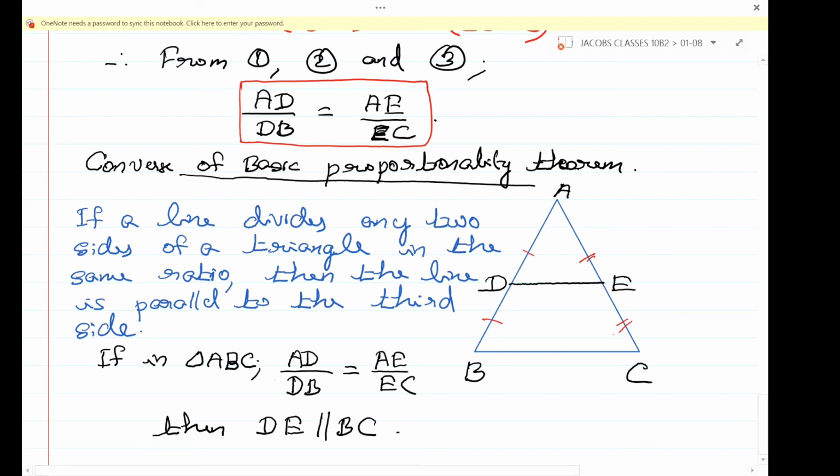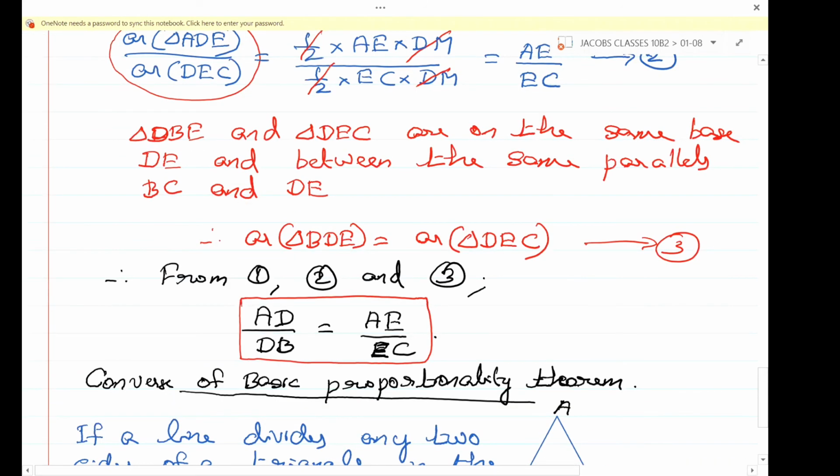In the previous theorem, DE parallel to BC was given, and we were concluding AD by DB equal to AE by EC. Hope this is fine for all of you.